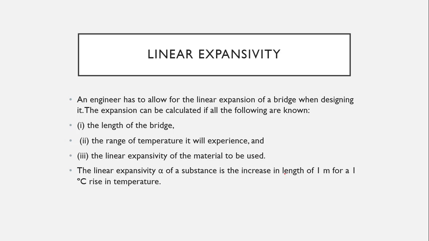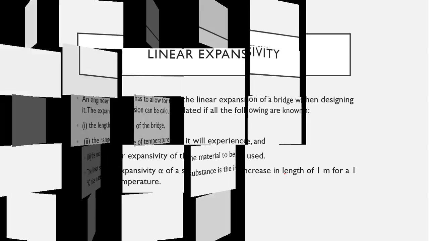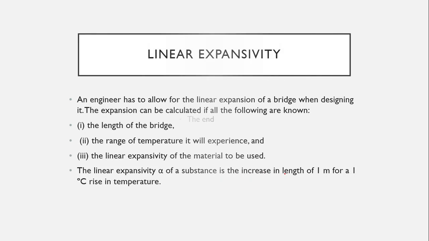The linear expansivity alpha of a substance is the increase in length of 1 meter for a 1 degree rise in temperature. So that's linear expansivity. To explain it one more time, if we take a 1 meter length of a certain material and observe how much its length increases, because we're talking about linear expansivity, not volume, we're just talking about one dimensional expansion, that is the increase in length.